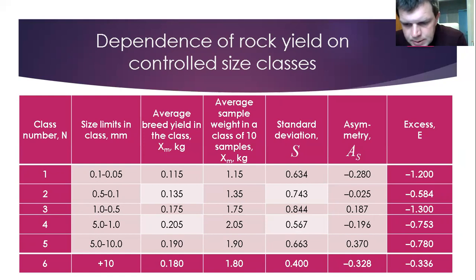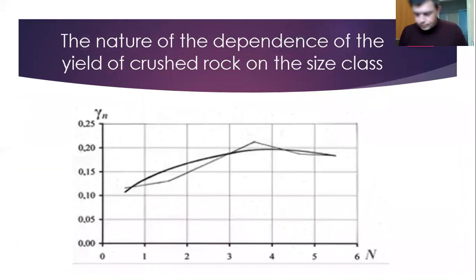If the absolute values of skewness and kurtosis do not exceed their standard deviations, the hypothesis about the agreement of the sample with the normal distribution law is confirmed. The calculation result for the rate of the raw mass yield into classes from 1 to 6 is in this table. Figure 1 shows the dependence of the rock mass yield on these classes.